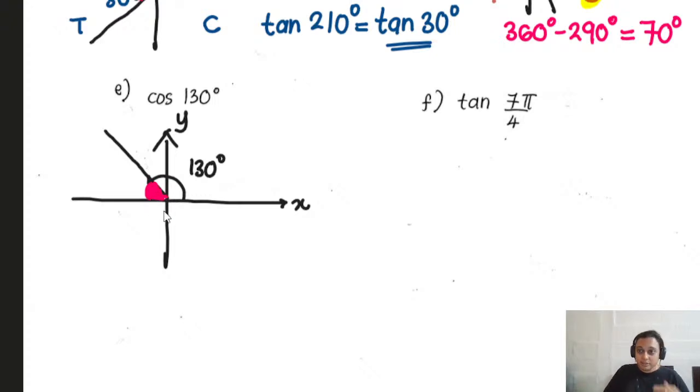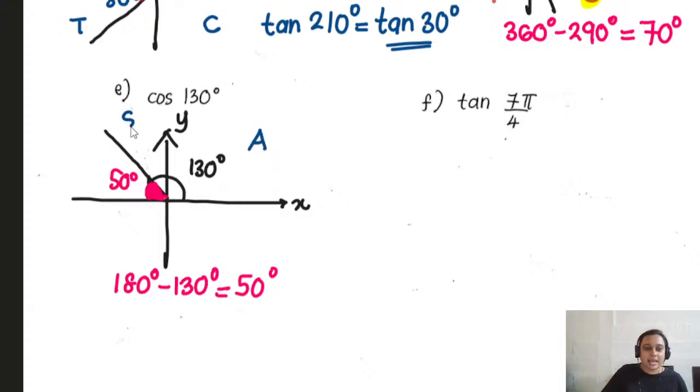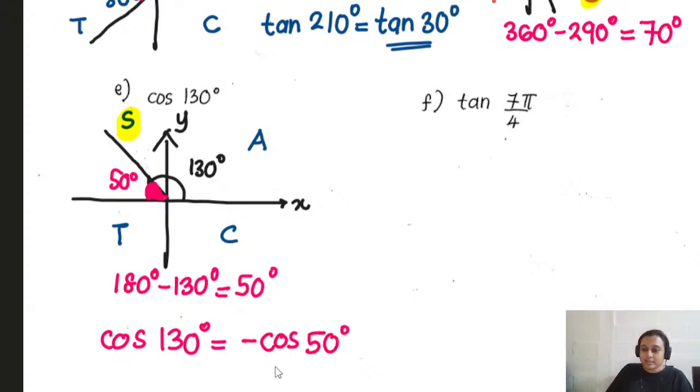So we need to find that part only. How much is it here? 180 minus 130, so we get 50. Yes, correct. So this part here is 50. Okay, all science teachers crazy. Here, only sin is positive, isn't it? But our question is cos. So we must put negative cos 50, because in the second quadrant cos is negative.